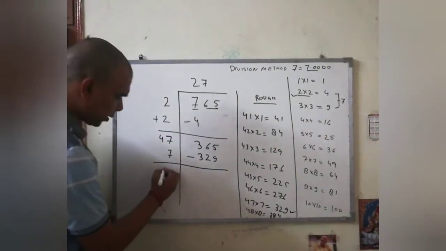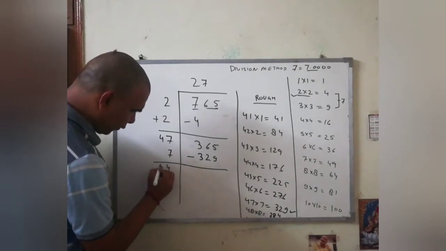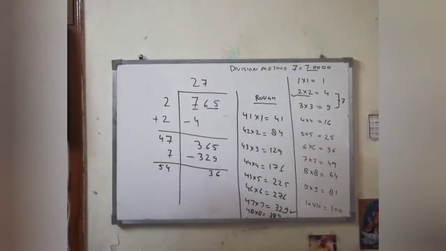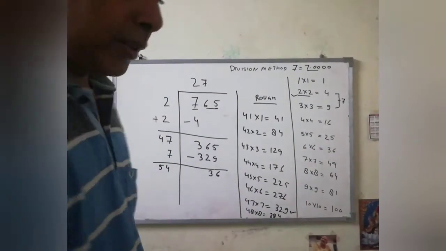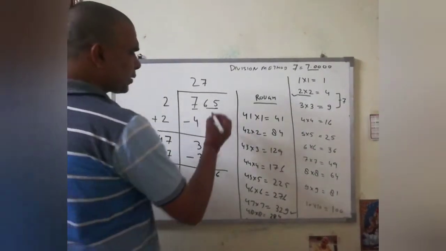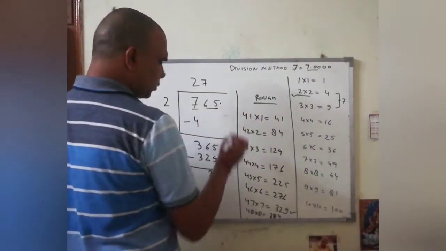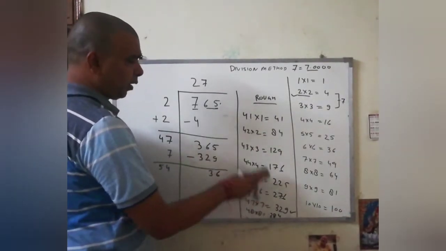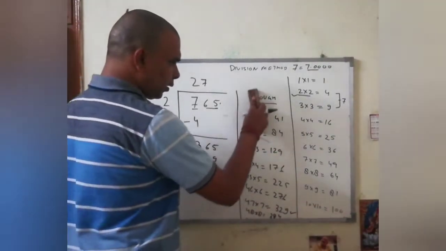So everyone knows 7 7s are 54... 36. Check whether the calculation is correct or not. You need to check. Okay. The same way you can use. I am just rubbing this calculation and it is not useful right now. Okay.